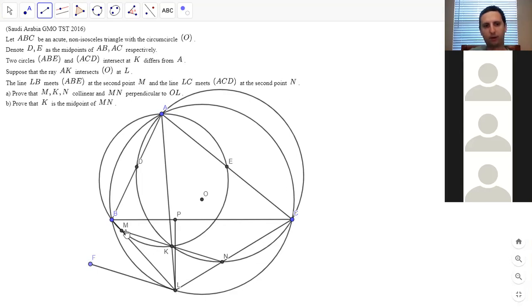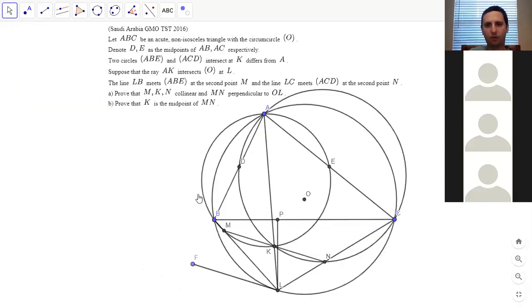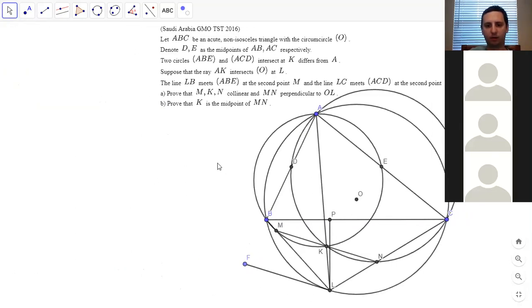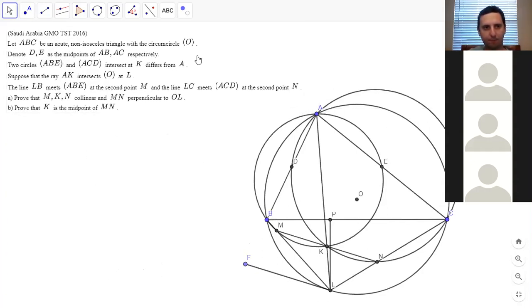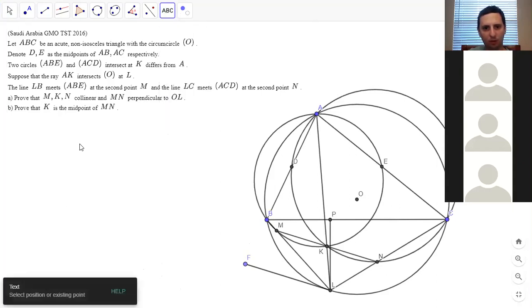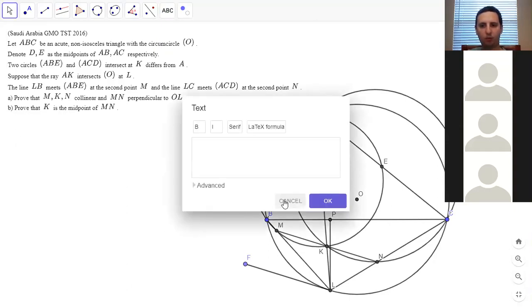I wonder if there's another way, because KM over AB has to equal... But I think that's the simplest way to do it, just using the harmonic quadrilateral. So first of all, we could use either inversion or the other way.